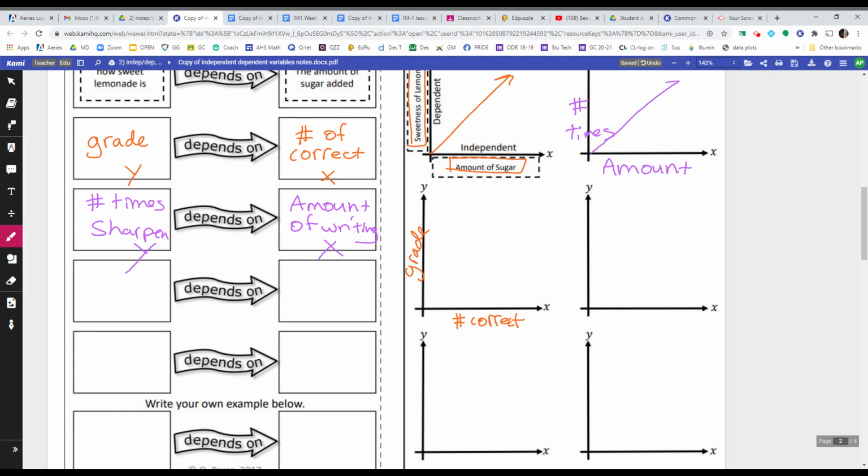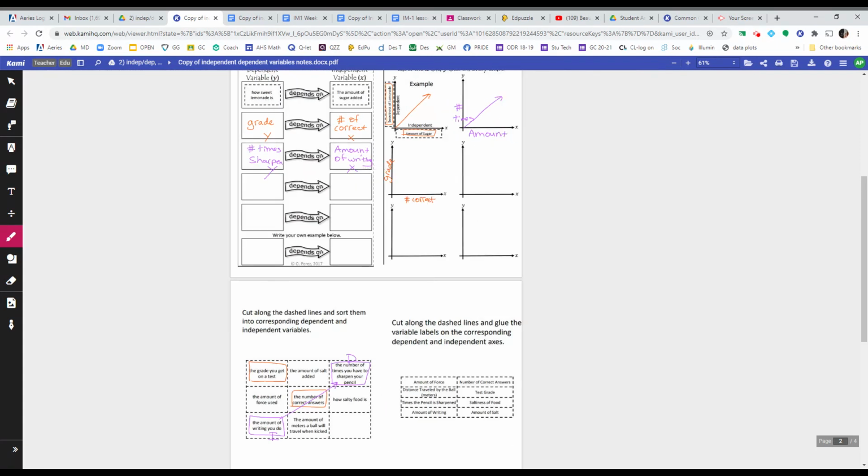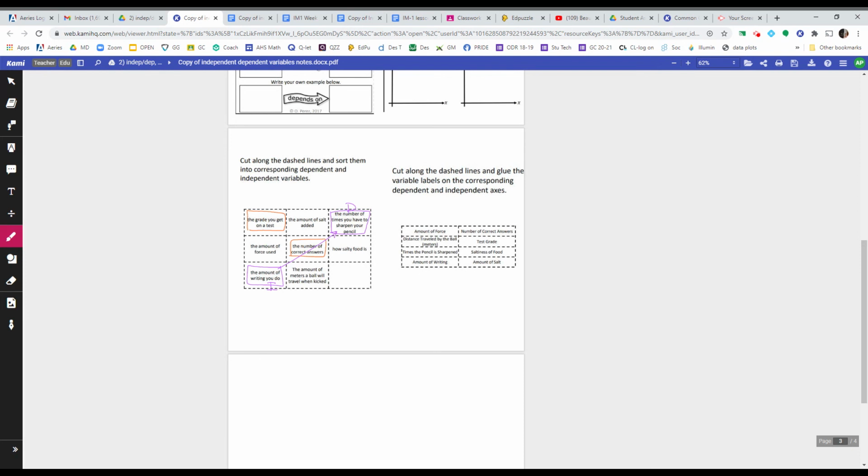The more I write, the more I have to sharpen my pencil so I can keep writing. If I don't sharpen my pencil, I can't write. The writing causes me to sharpen the pencil. Right. The number of times I sharpen depends on how much writing I do. Writing comes first. Okay, that's enough. There are no more parts.